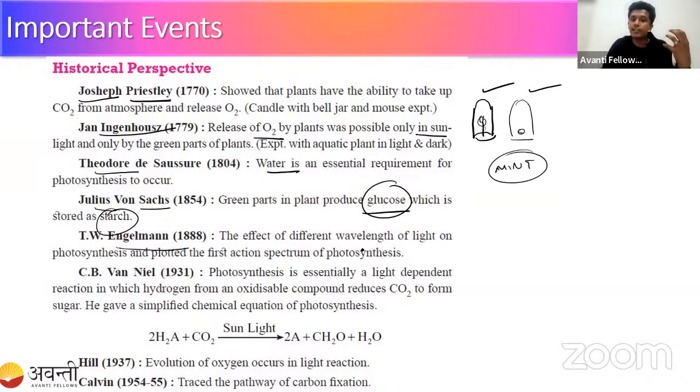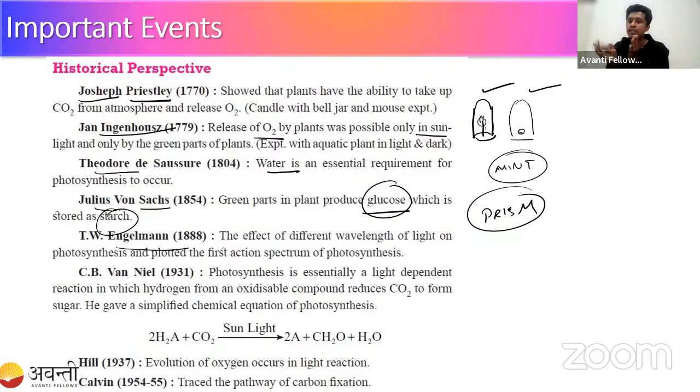Then comes another important scientist, Engelmann. Here he takes a prism. So what happens when we pass light through a prism? It splits into bands of light. He wanted to know if all of the light is participating in photosynthesis or a specific part of the light.